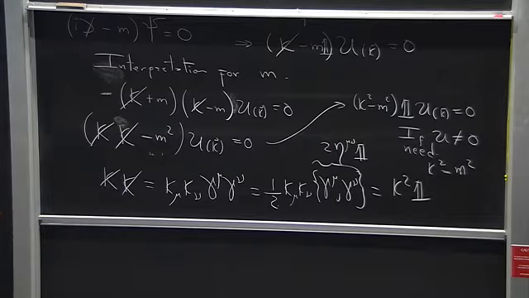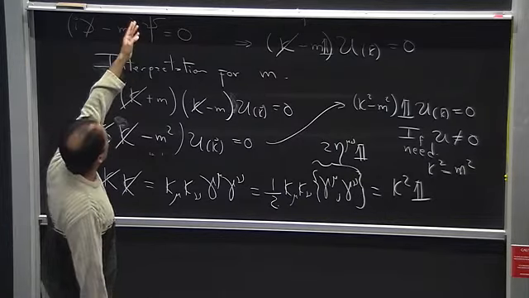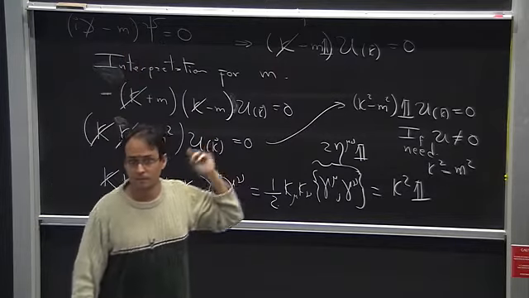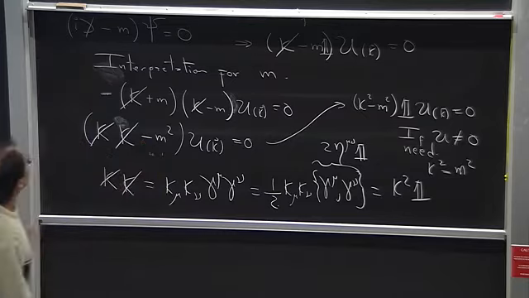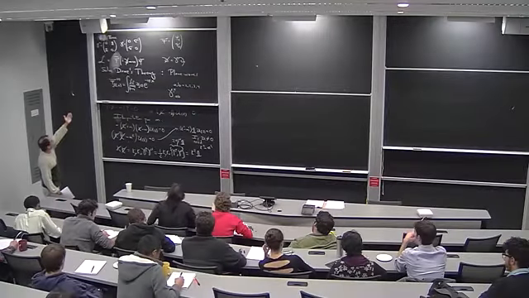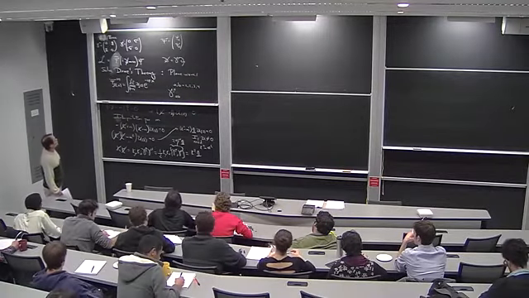Now, of course, it could have been that m, in the scalar field, we have m squared. Here, it could have been that m was negative, right? Does it make any difference? No, because we can just redefine our fields. Nothing here depends on m being positive or negative.